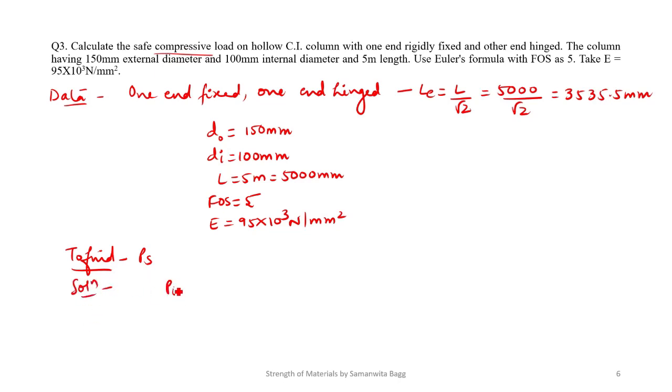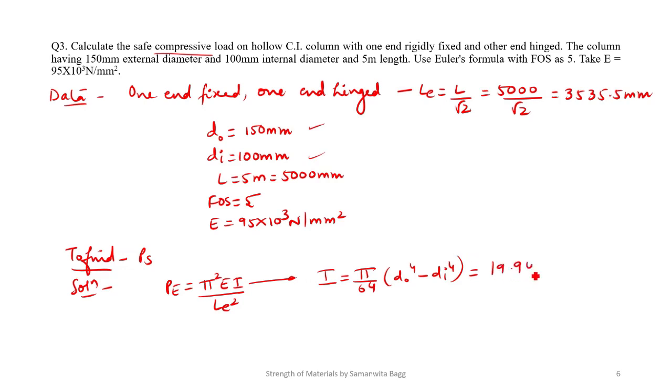I know PE is pi square EI upon LE square. Now I can be calculated as pi by 64 into D outer raised to 4 minus D inner raised to 4. This is the formula for hollow columns. When I substitute this DO and DI, I will get the value of I as 19.94 into 10 raised to 6 mm raised to 4.